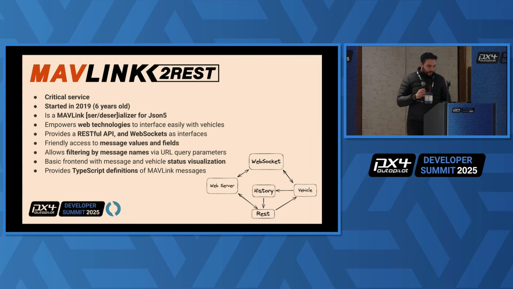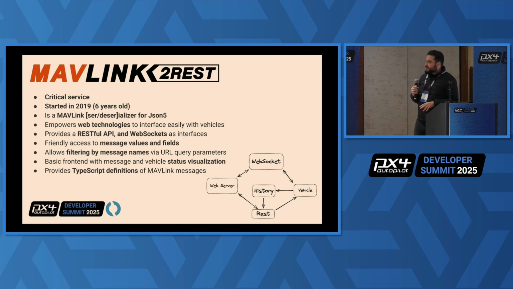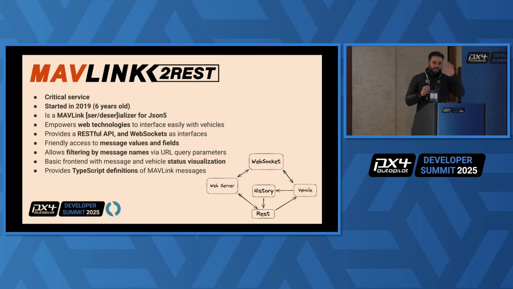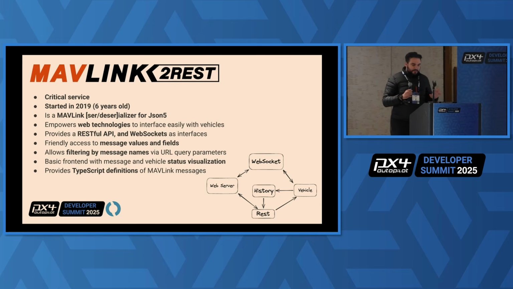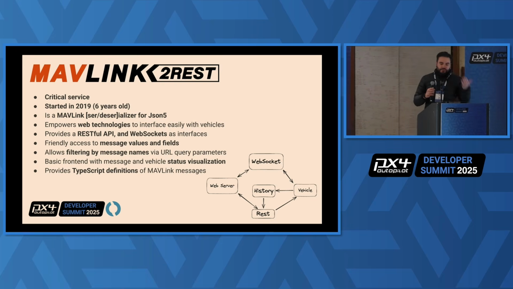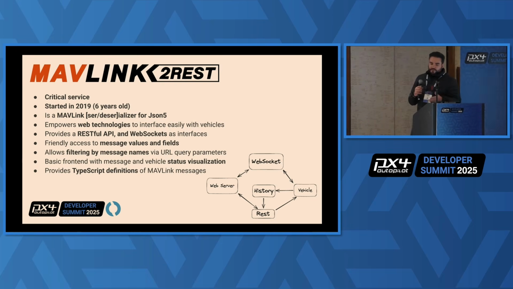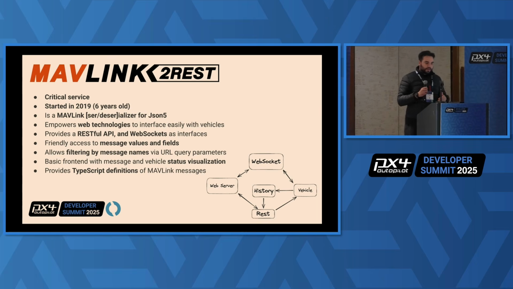The other thing that we'd like to talk about is MAVLink to REST. It is another critical service because everything that we do is kind of web-based, to have a really nice interface. It provides the abstraction of MAVLink to JSON5, a serializer and deserializer technology for MAVLink.